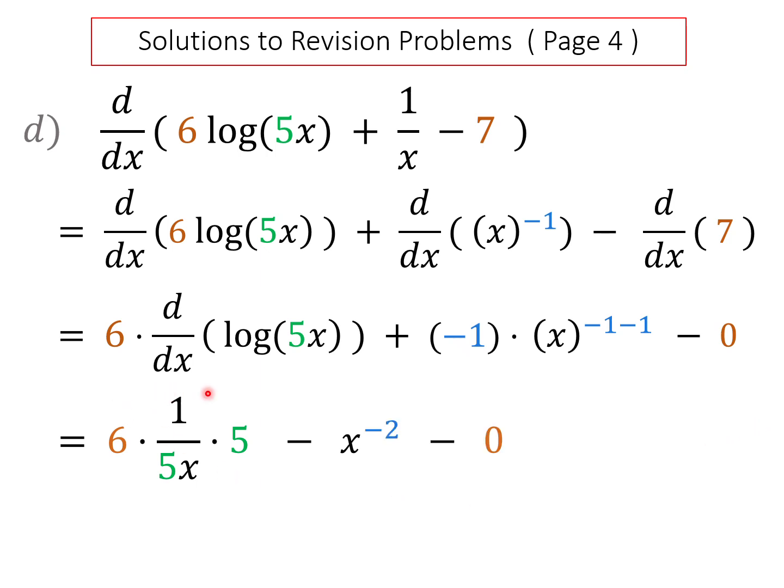So I think it is clear to you. 6 into 1 by 5x into 5, x to the power this minus 1, and plus sign after multiplication becomes minus, and x to the power minus 1 is x to the power minus 2, and this is 0. So final answer is 6 by x minus 1 by x square.